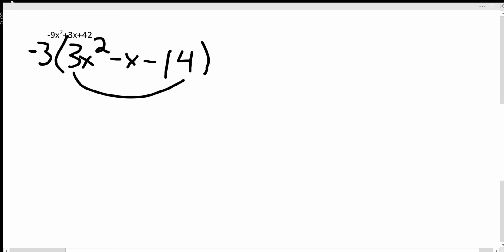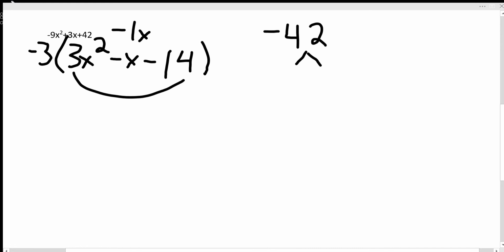So when we do that, we'll get a negative 42. Now we need to find two factors of our negative 42 that will add to be negative 1, because we know that this negative x is the same as negative 1x.